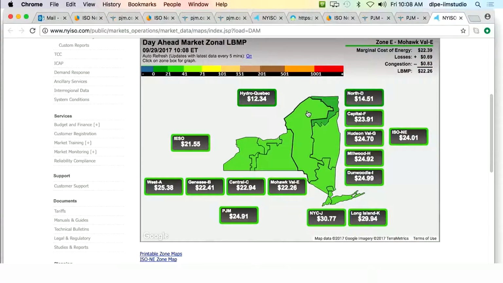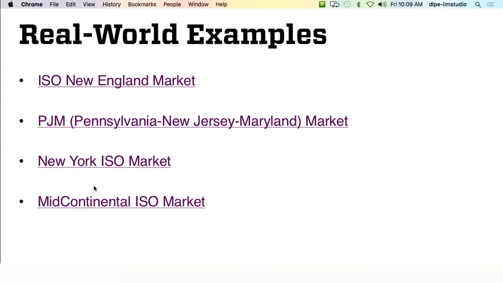If you are in upstate New York, you can see that the price is, for example, here $14, less than half of the price in New York City. That's created by the load, because New York has a lot of load, and the power transmission going to the city is limited. So the generators in the city are more expensive. That's why the price in New York is higher.